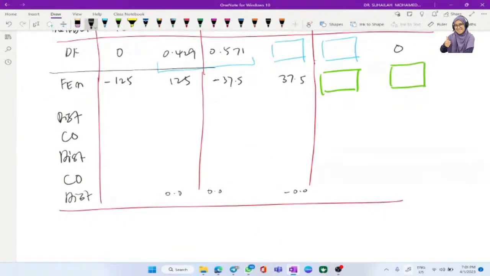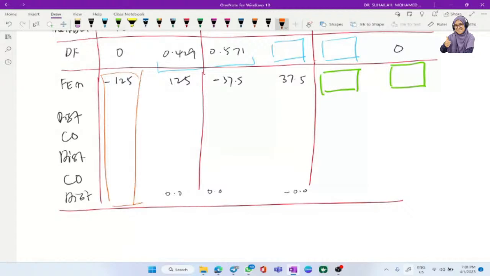Once we stop, we have to sum. Find the total moment, one by one. Find the total moment and put it here, until we get all.